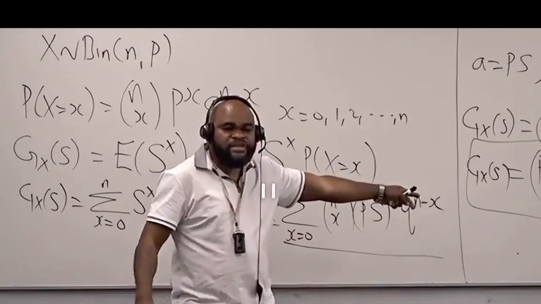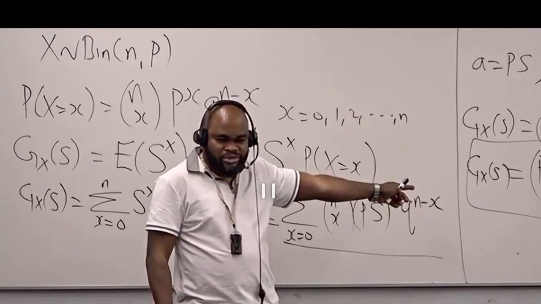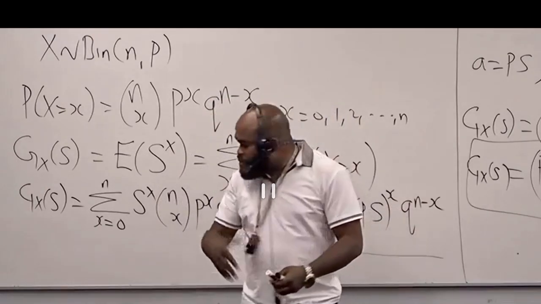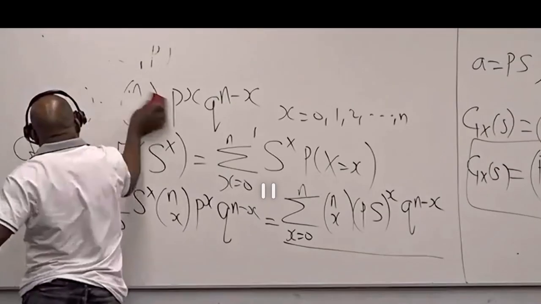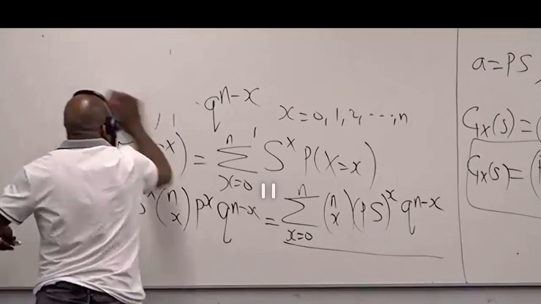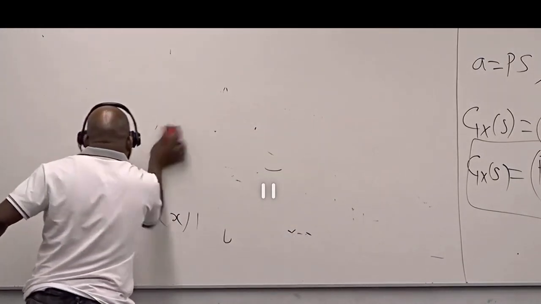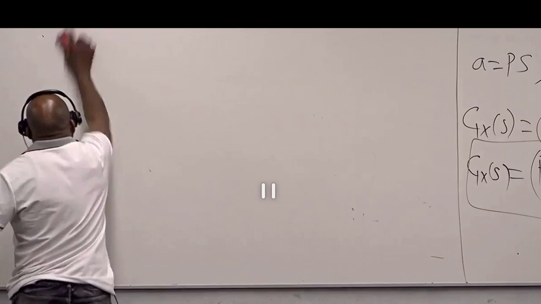That's the probability generating function of a binomial distribution. Probability generating function. Now, we want to investigate the properties of a PGF, to check whether the properties of a PGF actually hold.